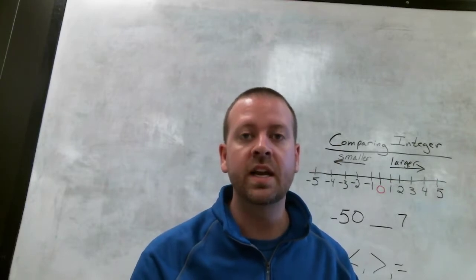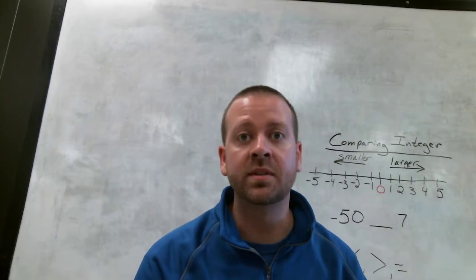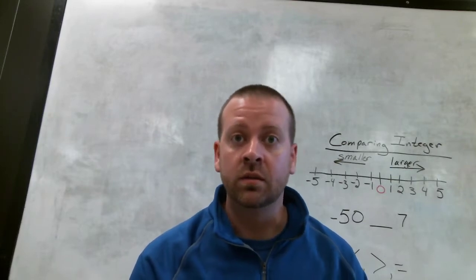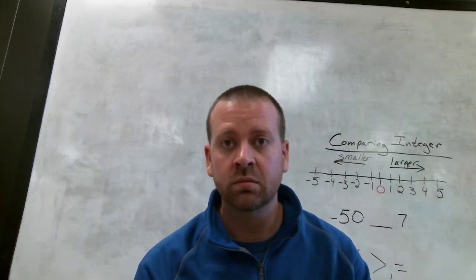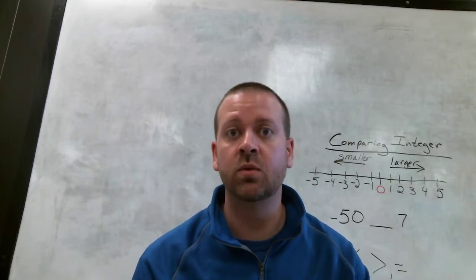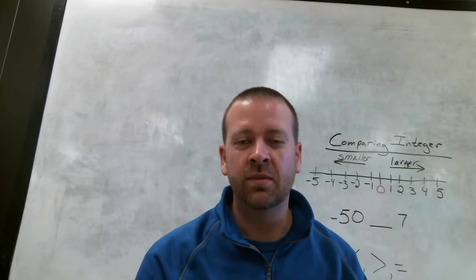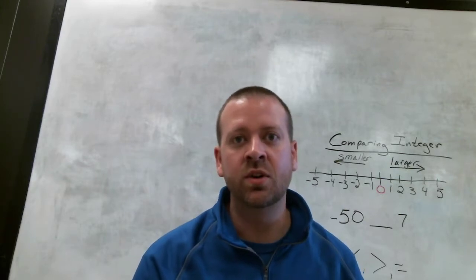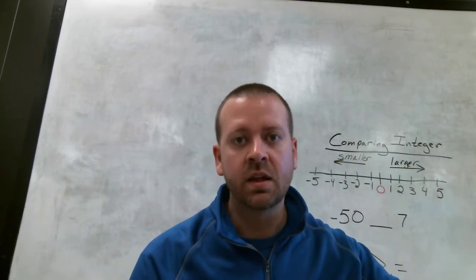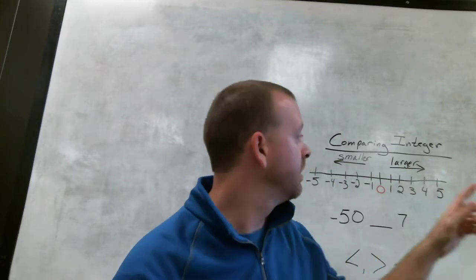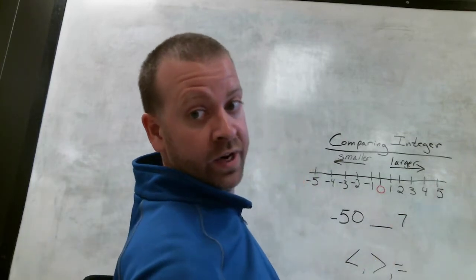All right, so we're looking at negative 50, and we're comparing it with 7. And we want to know, is negative 50 greater than? Is it less than? Is it equal to? Okay? So from what we've talked about, if negative numbers as you go to the left on the number line get smaller, we know that negative 50 is way over here.